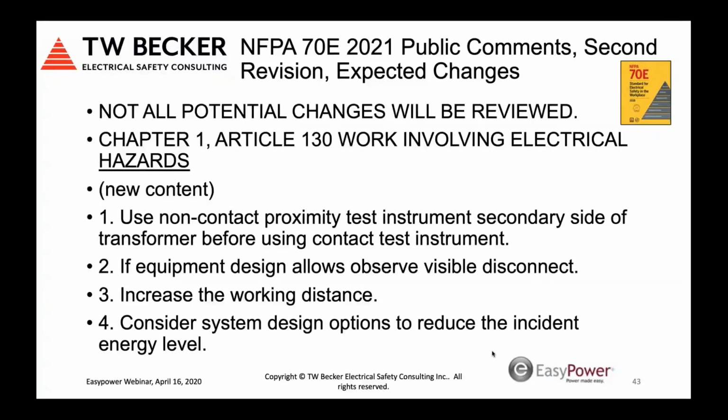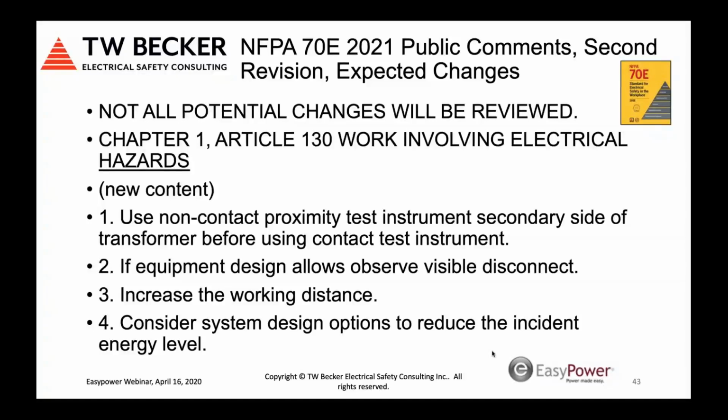Use a non-contact proximity test instrument on the secondary side of the transformer before using a contact test instrument. If the equipment design allows it, observe visible disconnect, increase the working distance, because when you increase the working distance, the incident energy drops off significantly. Or item 4, which is unfortunately a longer term consideration, consider system design options to reduce the incident energy. So that involves engineering safety by design and reviewing incident energy reduction methods.